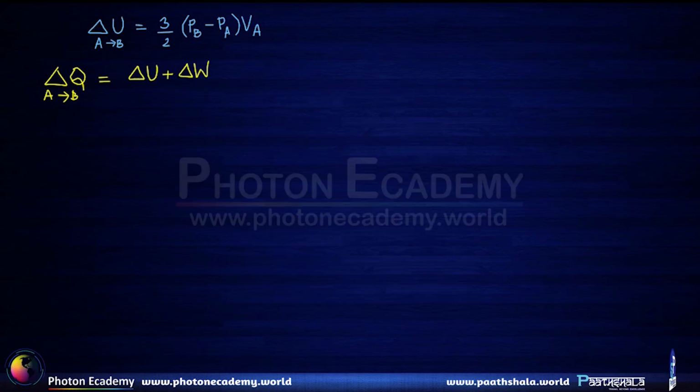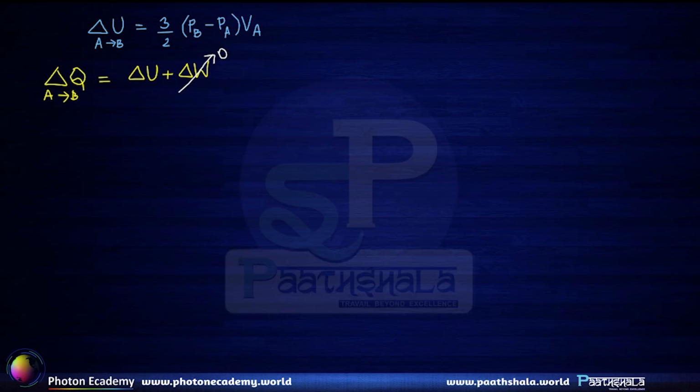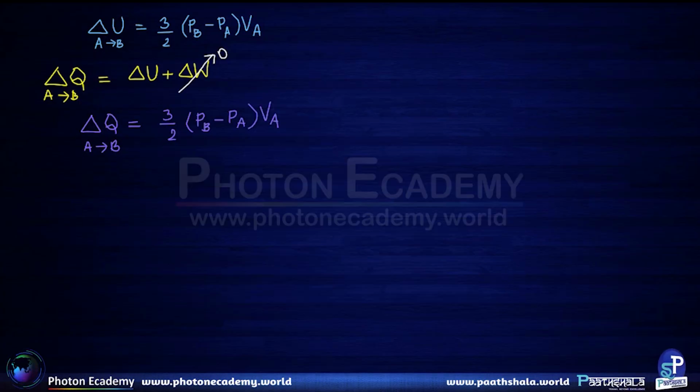In this case, the work done is 0 as we have already seen, and the change in internal energy delta U is 3/2 (PB minus PA) VA. So finally we get delta Q in going from A to B as 3/2 (PB minus PA) VA. So this is the value of heat which is given to the system in going from A to B.